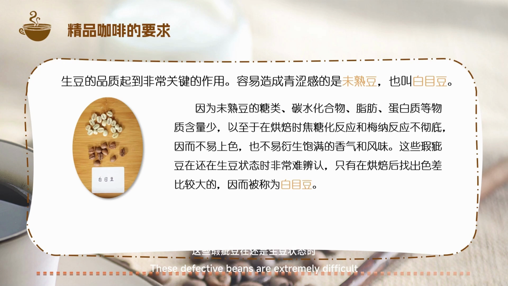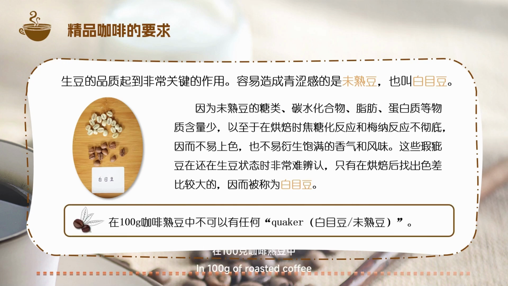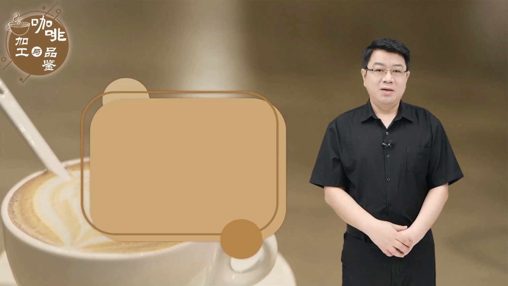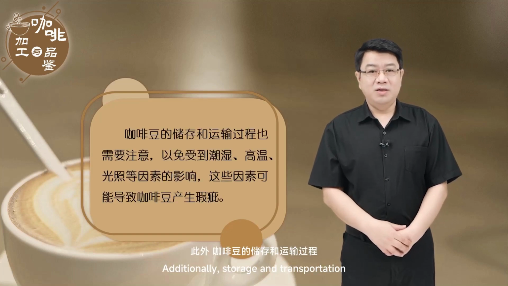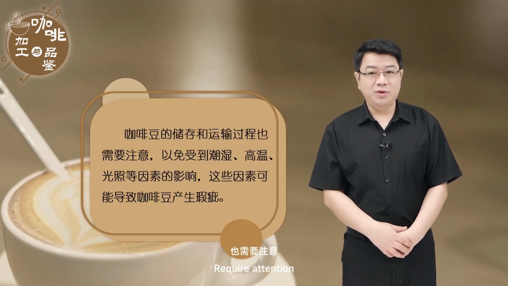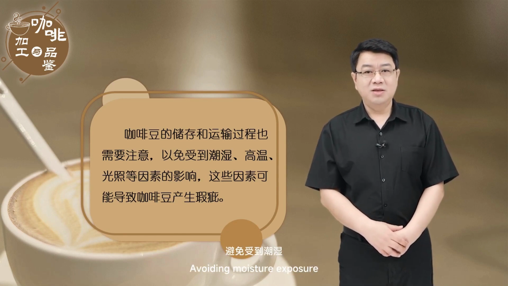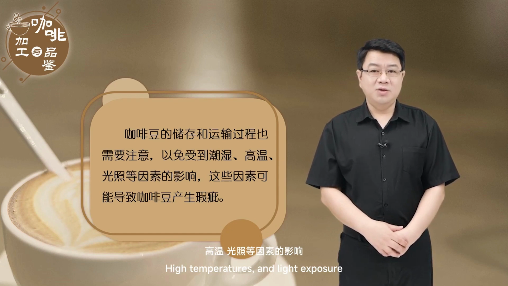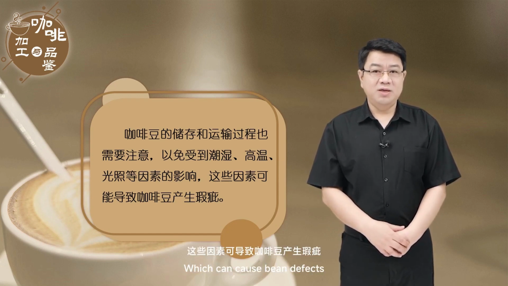These defective beans are extremely difficult to identify in their green state, only becoming apparent post-roast through noticeable color differences. In 100 grams of roasted coffee, no Quakers, or white-eye beans, are permitted, also called immature beans. Additionally, storage and transportation require attention, avoiding moisture exposure, high temperatures, and light exposure, which can cause bean defects.